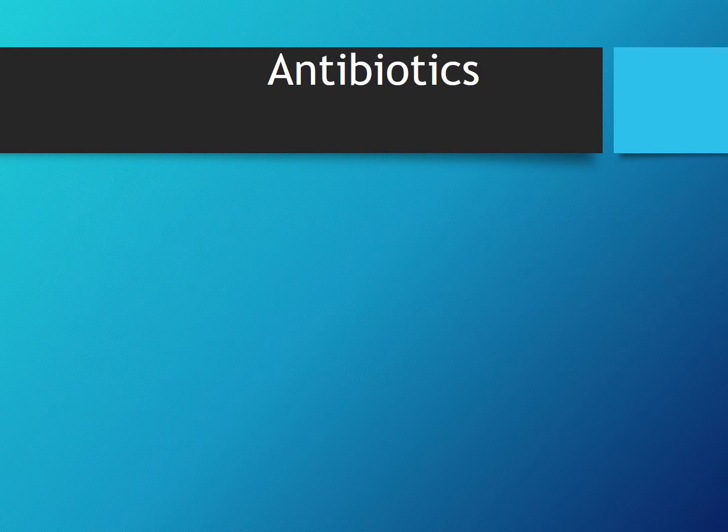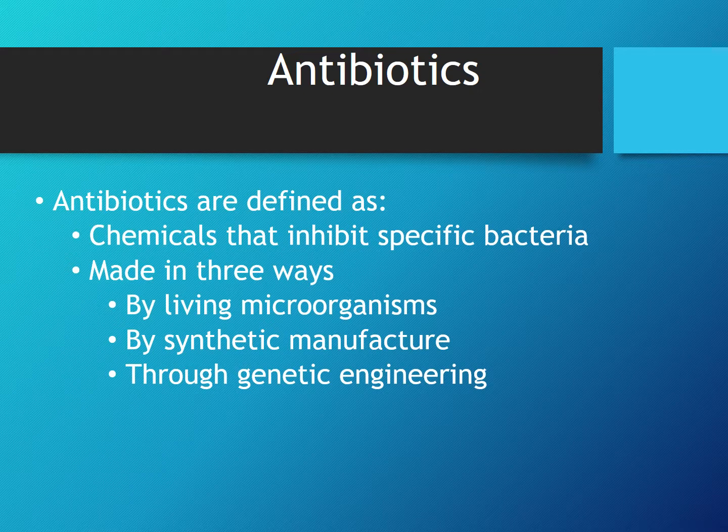So when we look at antibiotics, we're going to define antibiotics as chemicals that inhibit specific bacteria, made in three ways. Antibiotics are either going to come from living microorganisms, through synthetic manufacturing, or through genetic engineering.